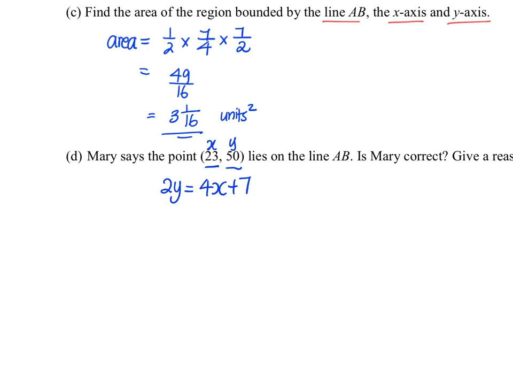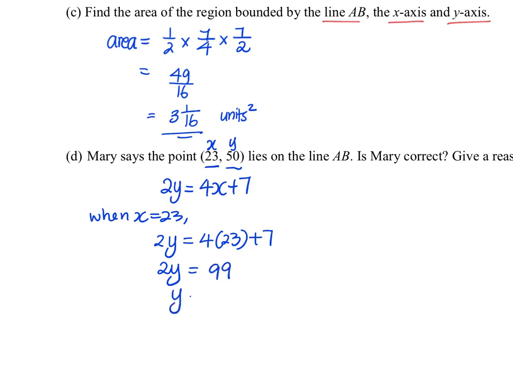But we can just sub in one. So when x equals 23, you sub in this part first, and you're going to find y. So 2y equals 4 times 23 plus 7. 2y equals 99.